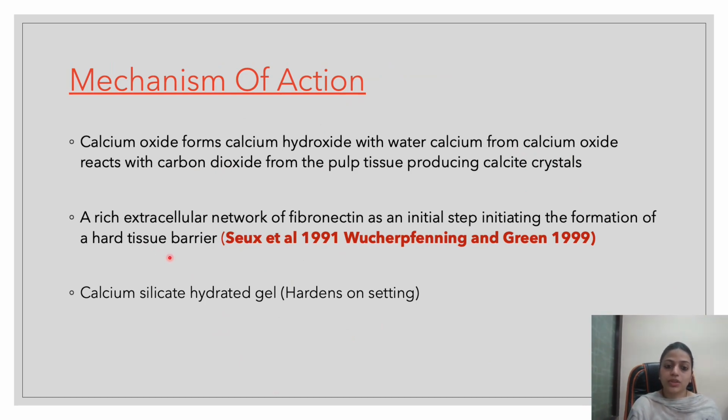So it forms a hard tissue barrier just like calcium hydroxide, but quite a lot of research has been done on both materials, and it has been shown that the barrier formed with MTA is much stronger and less porous compared to calcium hydroxide. Calcium silicate hydrated gel is formed once it completely sets.